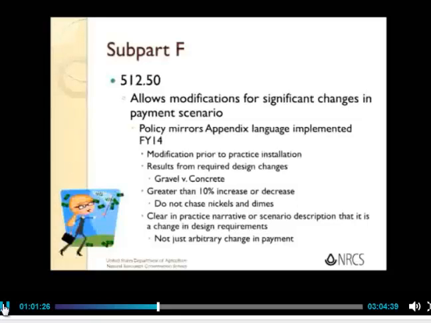We don't want it to be perceived as an arbitrary change just to change the dollar amounts. So if they can't tell by looking at the forms and the documentation that there is a significant change, like the example from gravel to concrete, then we shouldn't be making that change because we need to be clear and forthright with our participants as to what they're agreeing to.